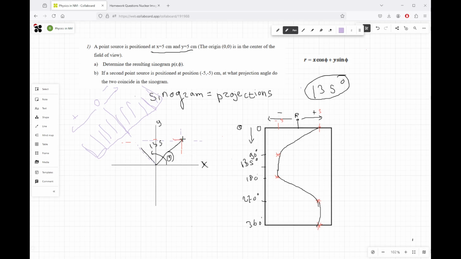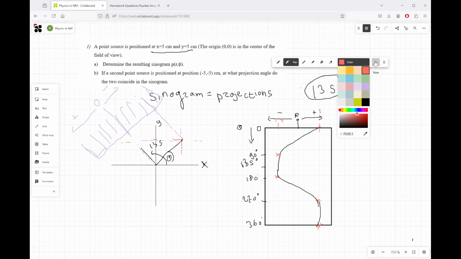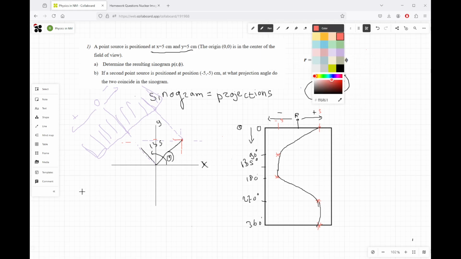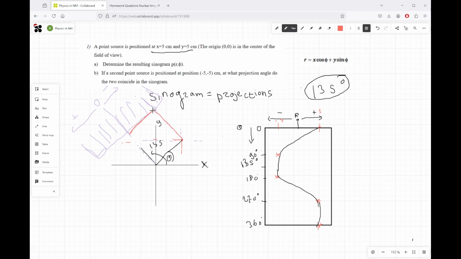And again, we draw a parallel line right here. And what do you see? That this right here becomes our distance. This is our R, and it is negative. So this is the negative value of this distance right here. What is this distance right here?